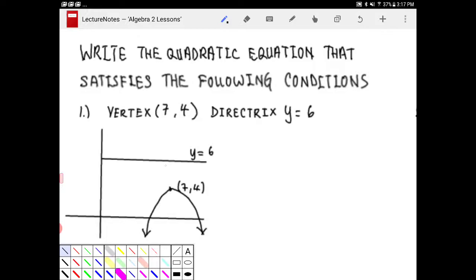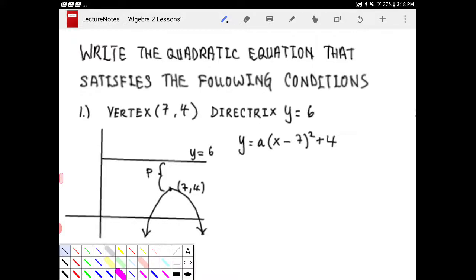So I am aware that the distance between the directrix and the vertex is assigned a variable that is given by the letter p, and I know, because I have a vertex here, 7, 4, that it would be wise for me to express the quadratic equation in vertex form. So therefore, a times x minus 7 quantity squared plus 4.